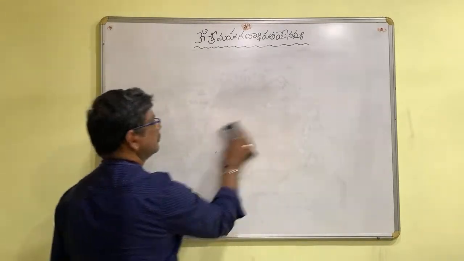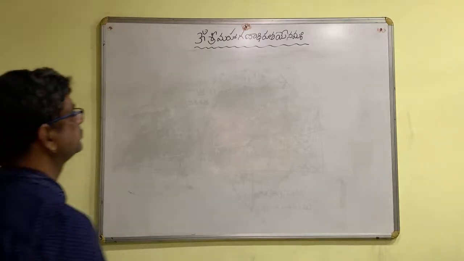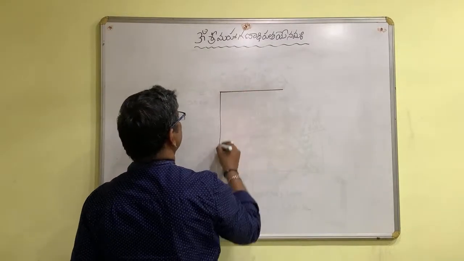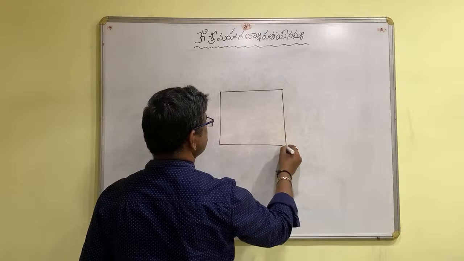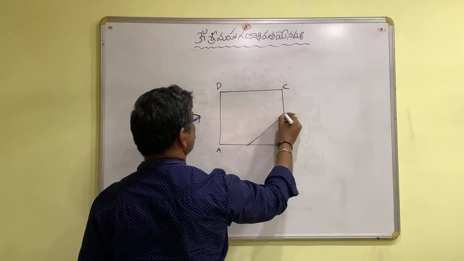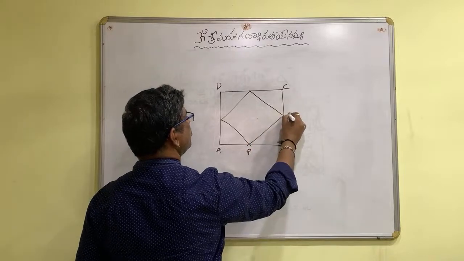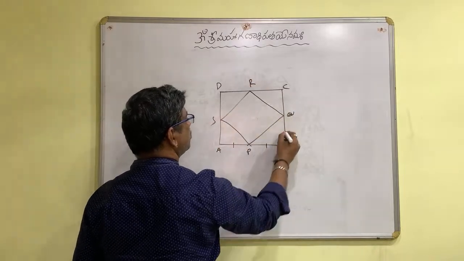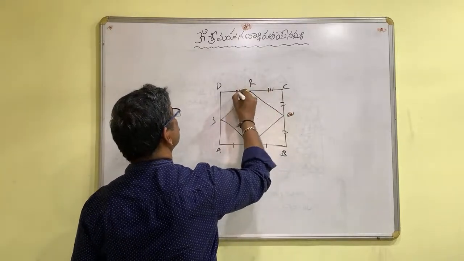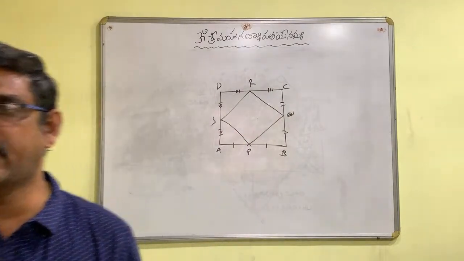Next question. The figure formed by joining the midpoints of adjacent sides of a square. There is a square ABCD, and PQRS are the midpoints.